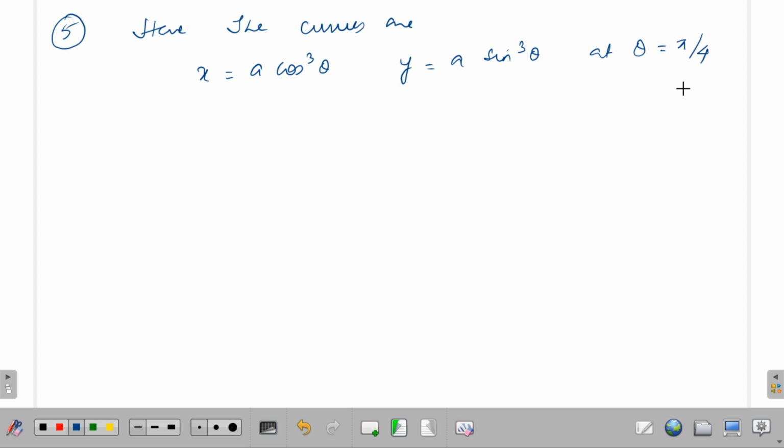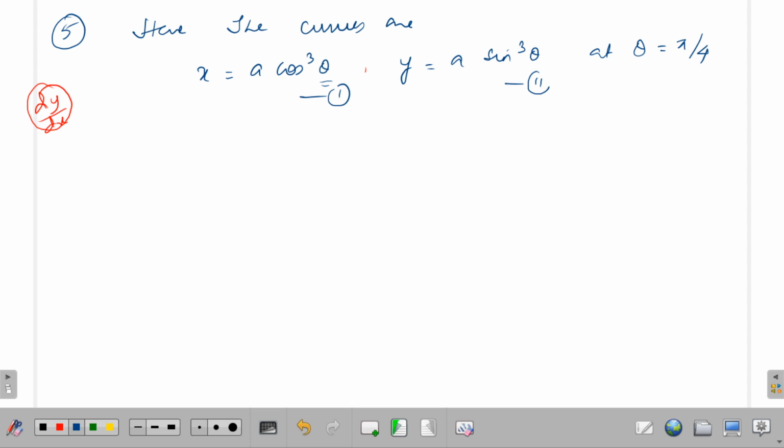Remember that whenever we're finding any slope of the tangent or slope of the normal, basically we have to find dy by dx. But over here x is a different term and y is a different term, so I have to differentiate both of them separately, and the parameter over here is theta. So I'll call this equation 1 and this equation 2.